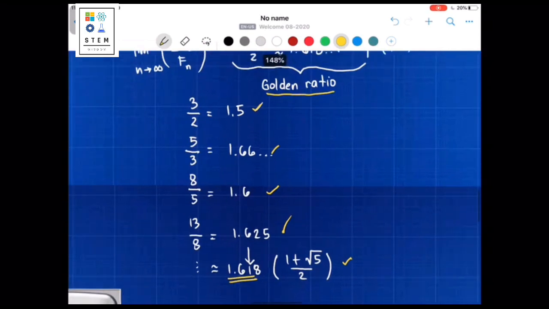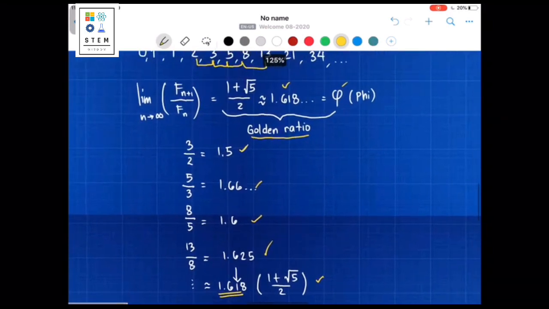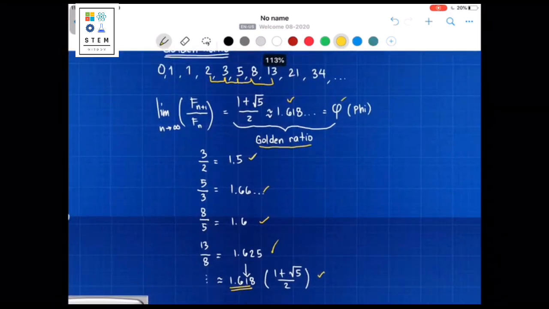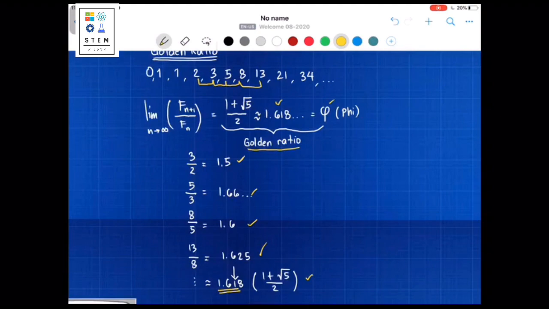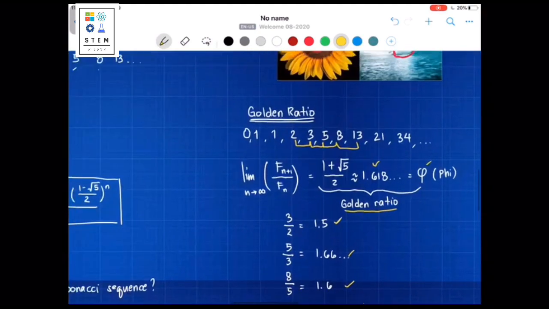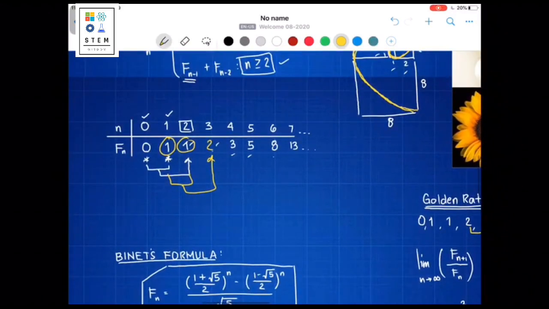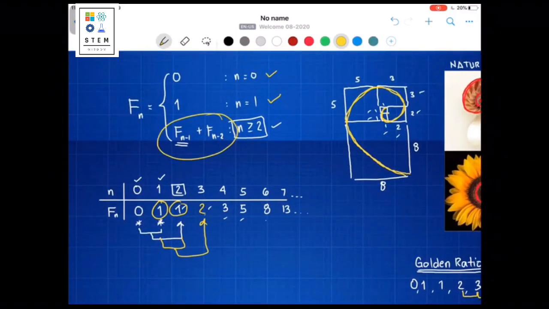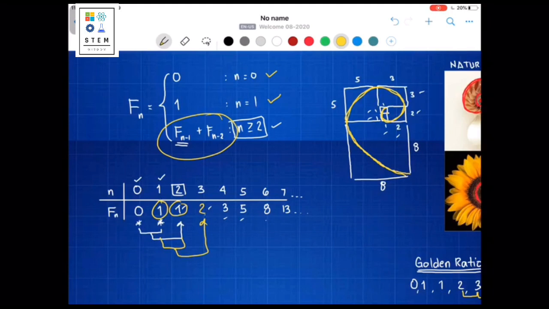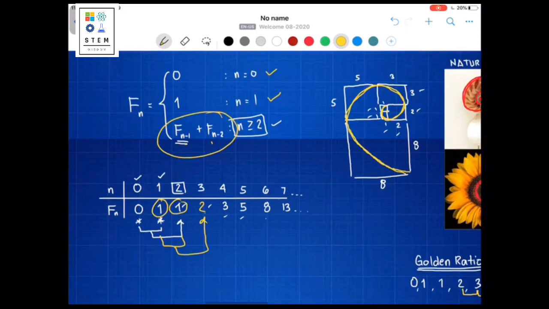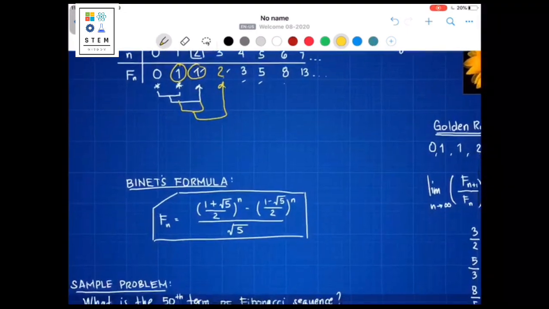Okay, kaya gamit yung golden ratio na yan, paano kapag gusto mong malaman ano yung Fibonacci number at a given term kapag malalaking number na? Okay, so hindi mo na pwedeng gamitin tong definition na to. Dahil sa definition na to, dapat alam mo yung sinundan dalawang term. So, diyan na papasok ngayon yung tinatawag na Binet's formula.